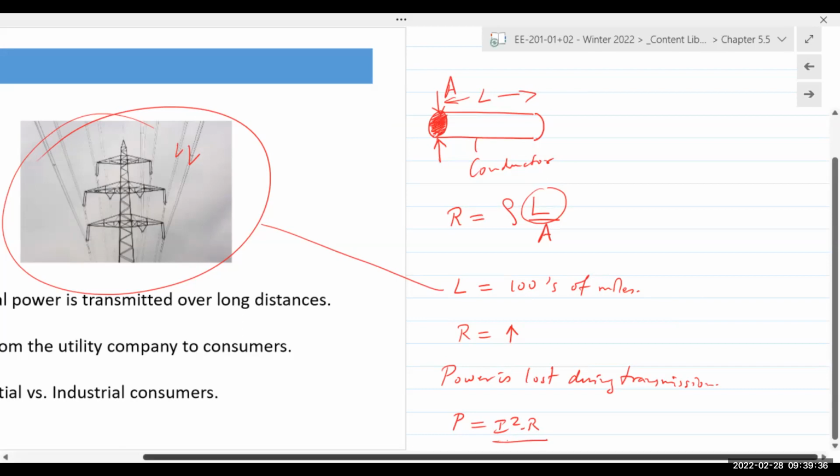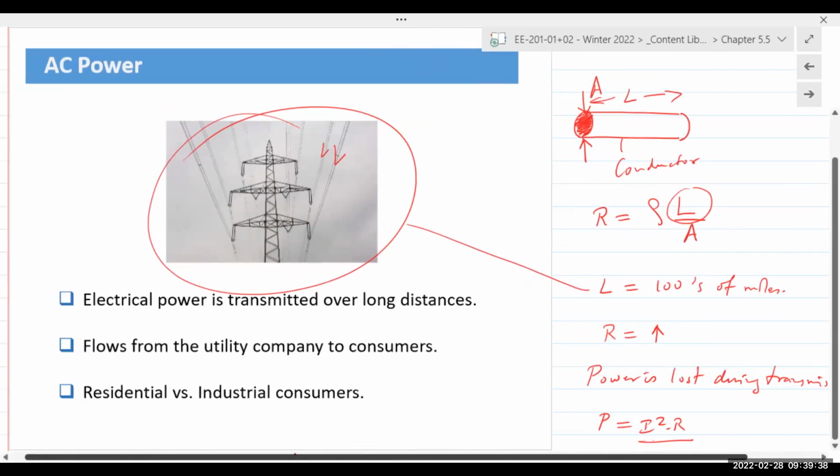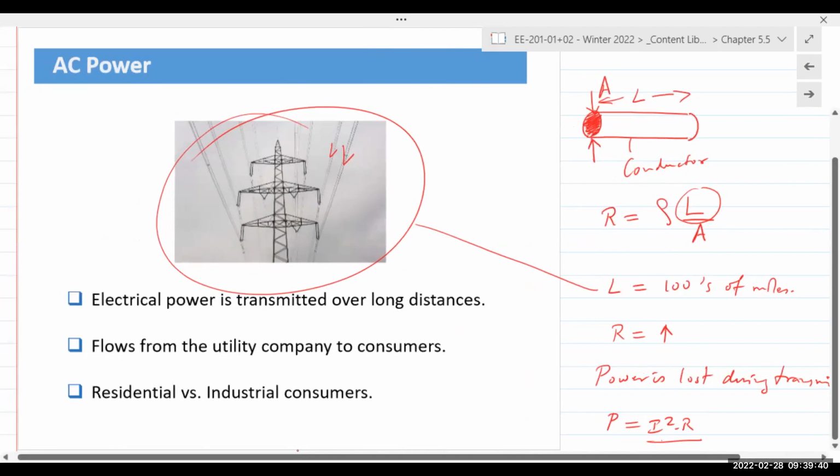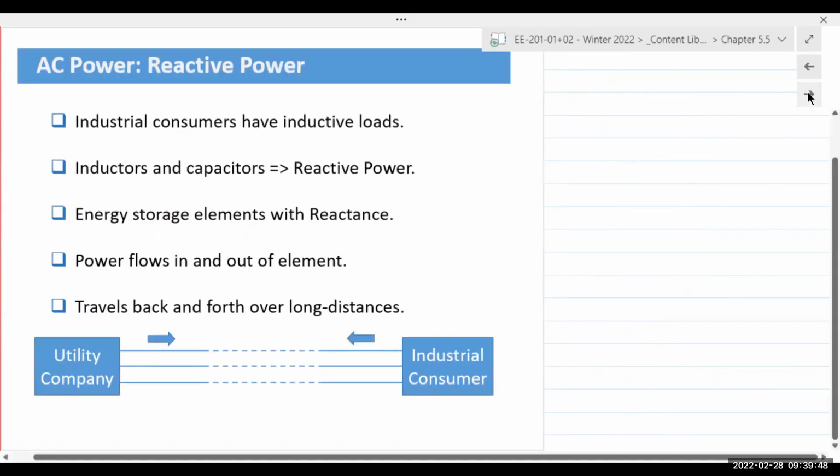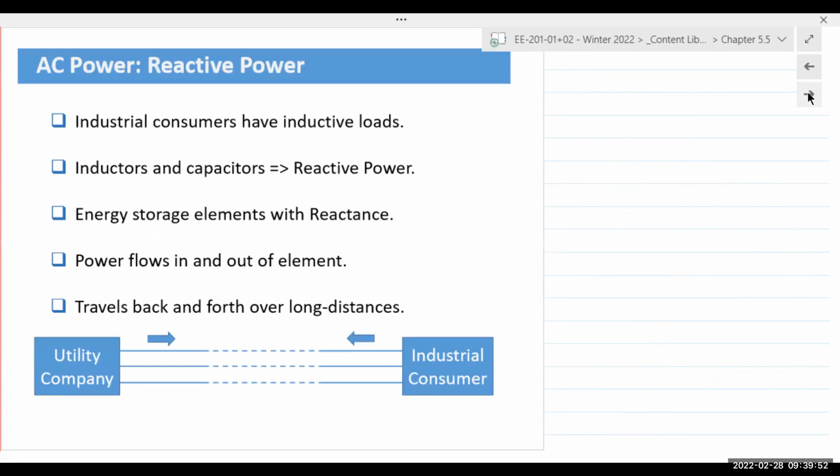Okay. So customers for a utility company are broken down into two categories, residential and industrial. And the reason is, well, industrial customers have huge electric machines that run constantly, sometimes even 24/7, right?